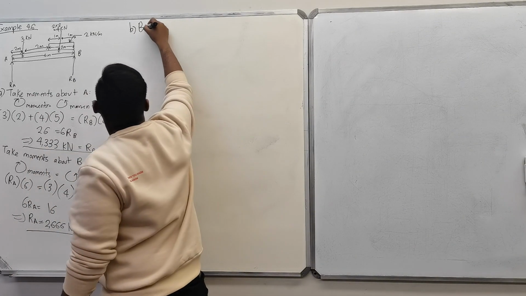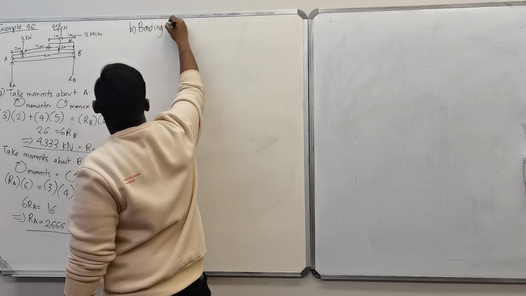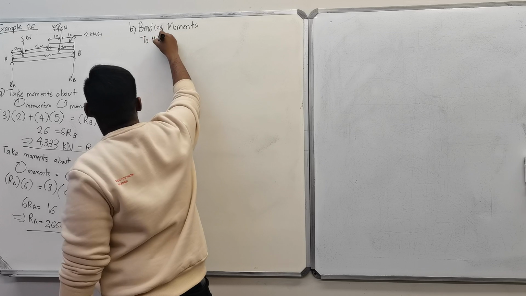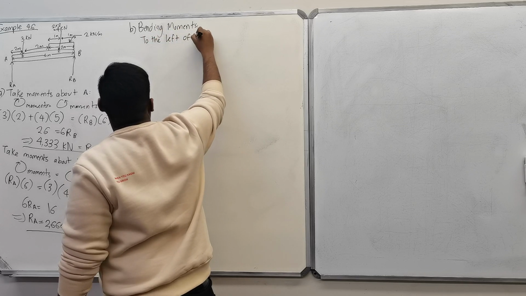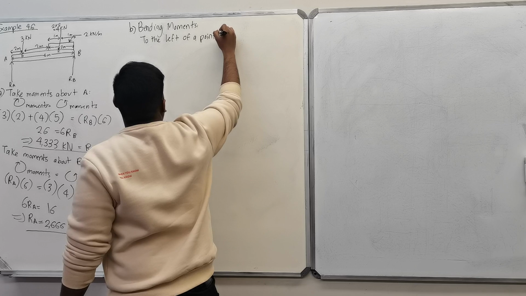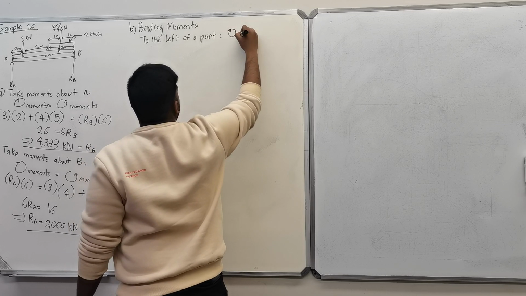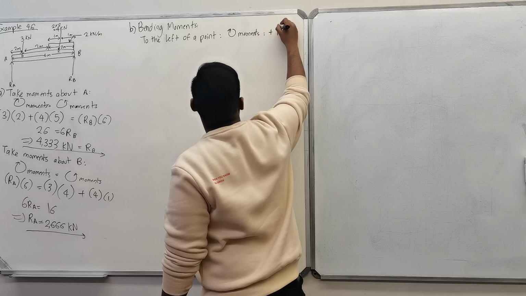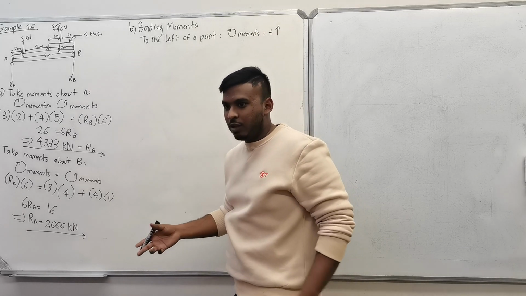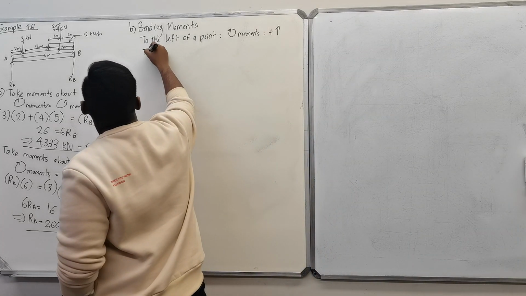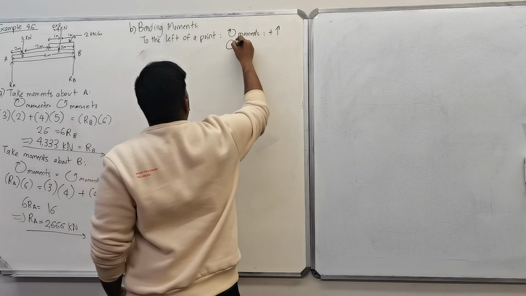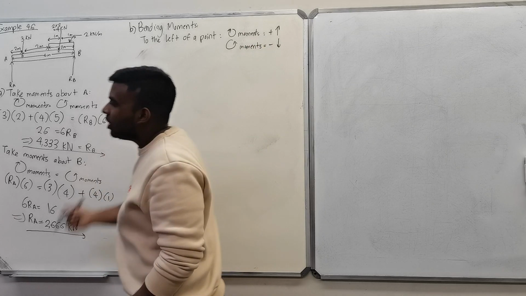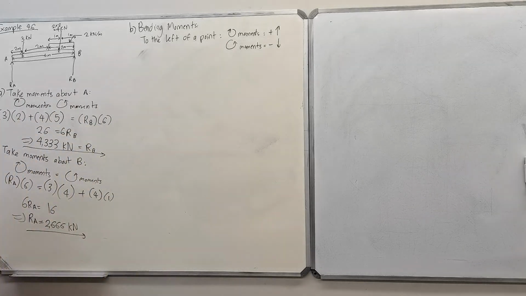So when we're saying bending moments, we'll say to the left of a point, clockwise moments will be a positive value, which will instantly make your upwards values positive, and anti-clockwise moments will be equal to a negative value, which will make your downwards values negative.